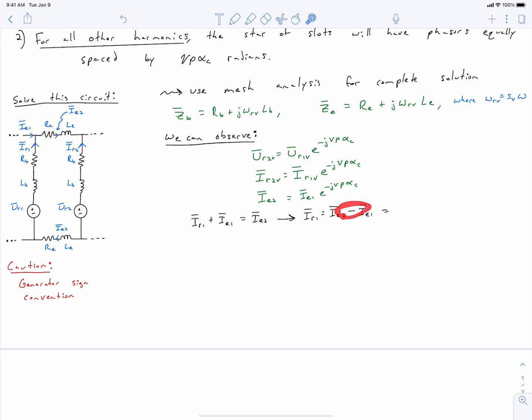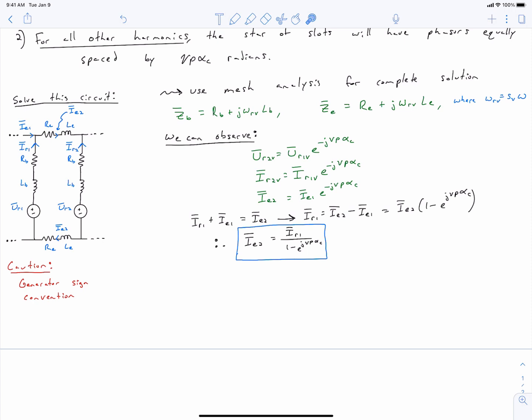And then from this, we can use our relation up here that IE1 is going to be equal to IE2 times e to the j VP alpha C. And we now know our current in end ring 2 as a function of our bar current in bar 1. So that's going to come in handy in a little bit.